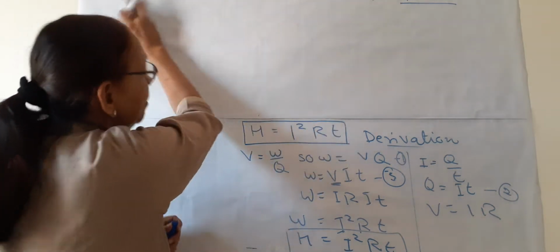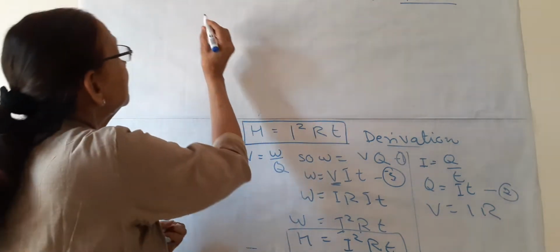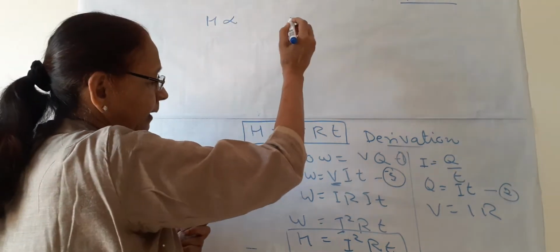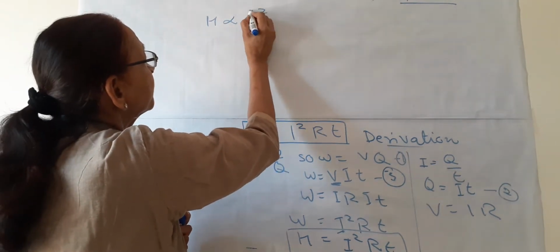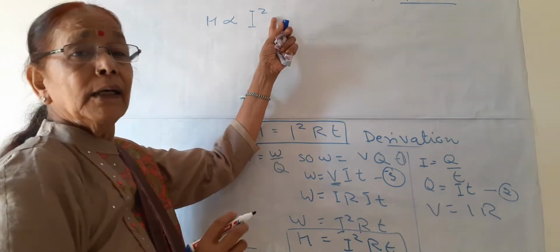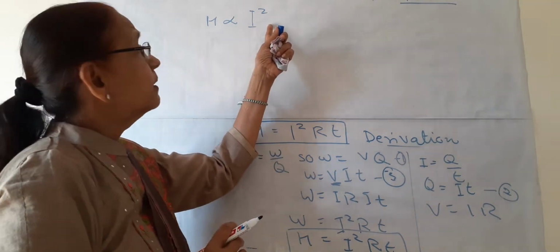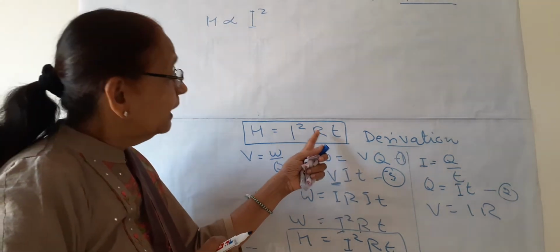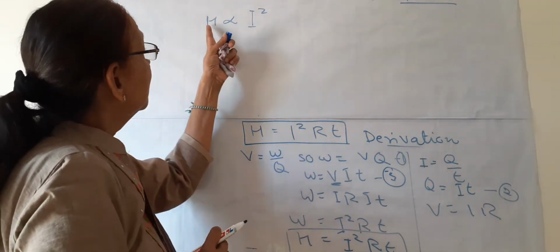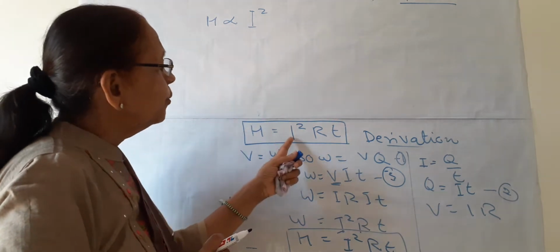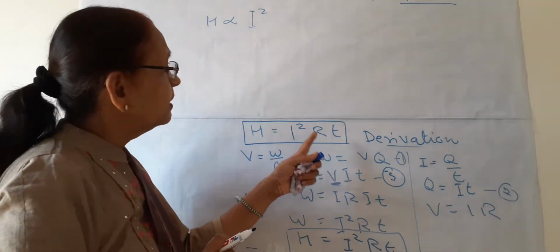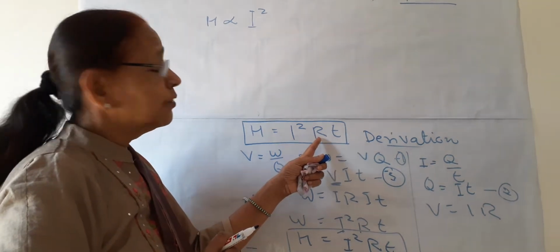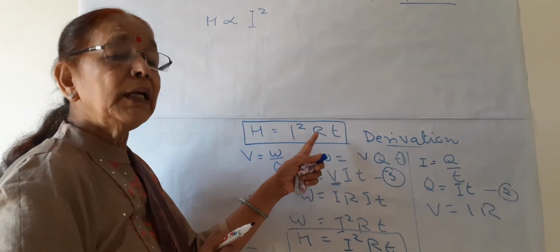Joule's law says that H, or the heat produced, is directly proportional to square of current flowing in the circuit for a given resistance. H is directly proportional to I square in the given circuit for a specific resistance of the resistor given.